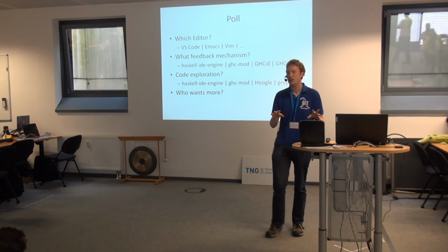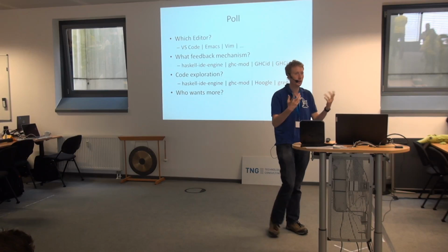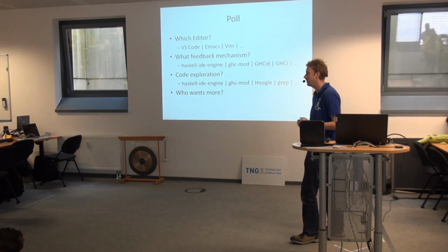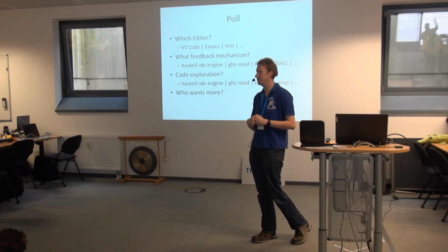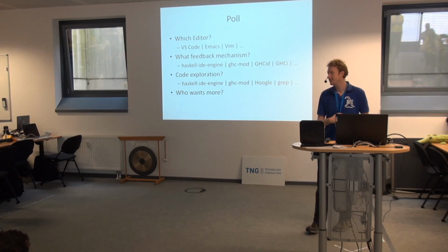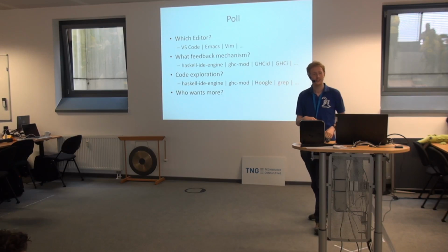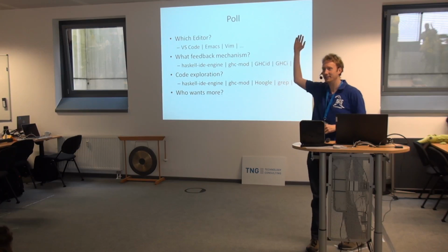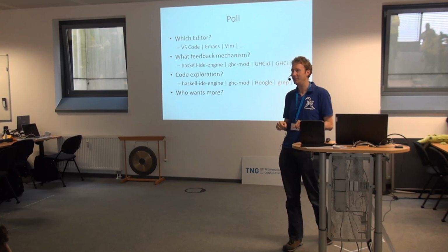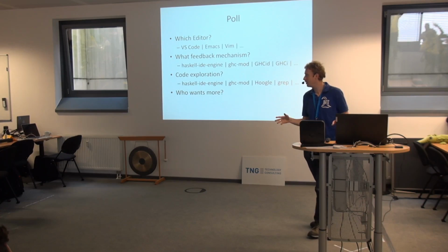How do we know if our code has errors? Who gets the feedback, the red squigglies, from something like Haskell IDE-engine? It's a handful. GHC mod? A handful with questionableness. GHC ID? Okay, reasonable number. Just GHC? Yeah, again, a reasonable number.